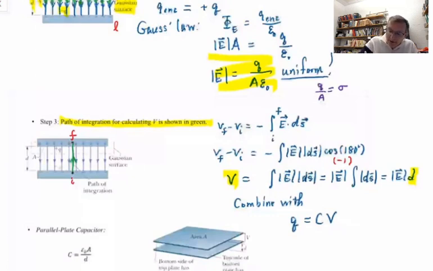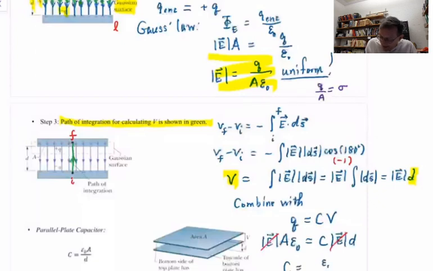So I'm going to write that for the Q. Equals C, and then for the V, magnitude E times D. Okay, now the E magnitudes cancel, and I just solve for C. I get epsilon 0 times the area of the plates divided by the distance between them.